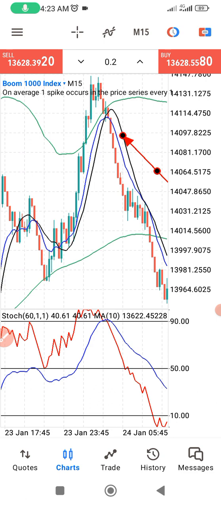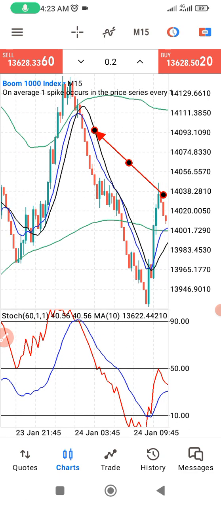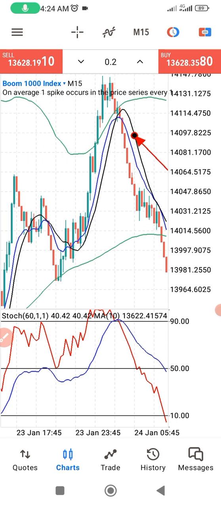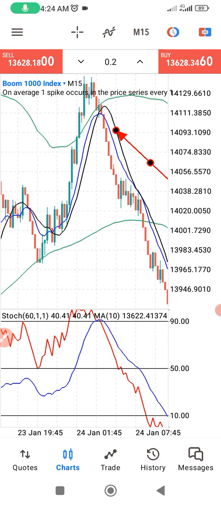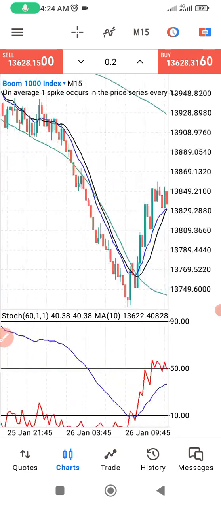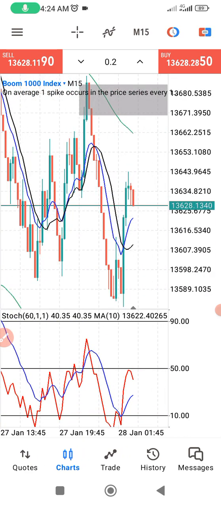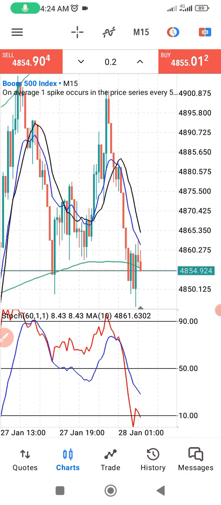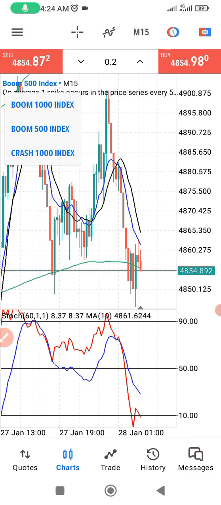And then in our indicator window, we have the stochastic oscillator, period 60, and then we have a moving average 10 on our indicator window. So that is all we need to know about the indicators.